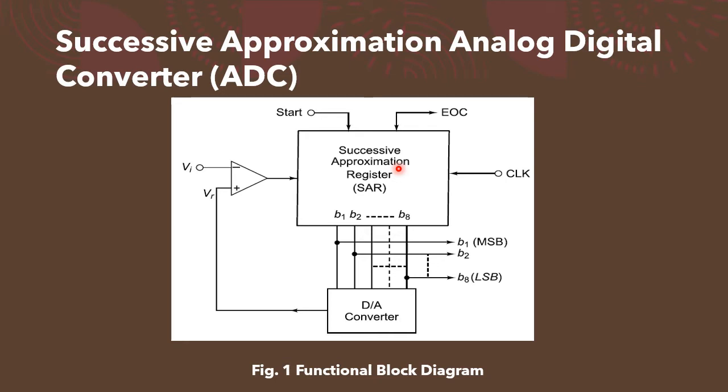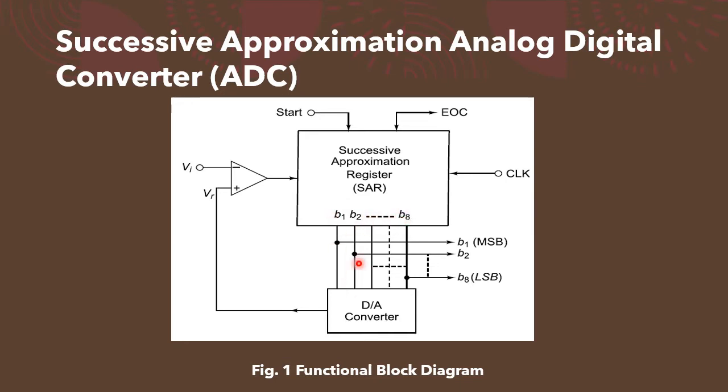And now here this B1 is the MSB and B8 is the LSB. Now see with the example. Initially this SAR generates B1 as 1 and the remaining bits as 0. So B2 to B8 are 0. Okay, so 1 0 0 0 0 likewise it will be.